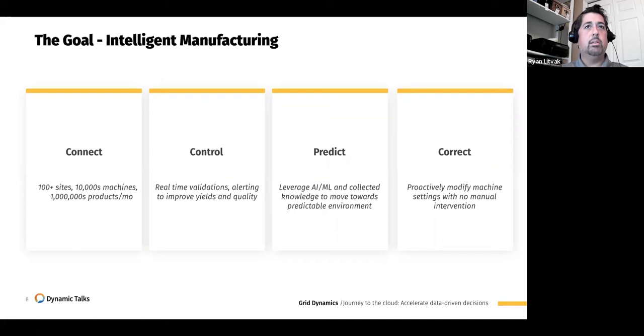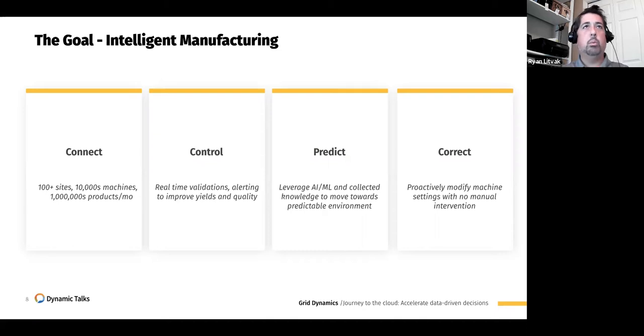What we're looking to do with that is to create real-time validations and alerting, and improve yields. We've been on this journey for a number of years from a business intelligence standpoint, trying to get a better sense, from descriptive and diagnostic analytics, of where we are with our manufacturing processes. Are we in control? Can we identify when issues occur, where those issues happened, why they happened? And that's really the point that we've gotten to at this point.